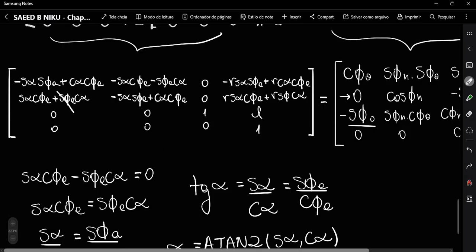So maybe we can rewrite this and we got 0. Right here we can now rearrange the equation. Let's see right here also. If we change the signal, right here we got 0.